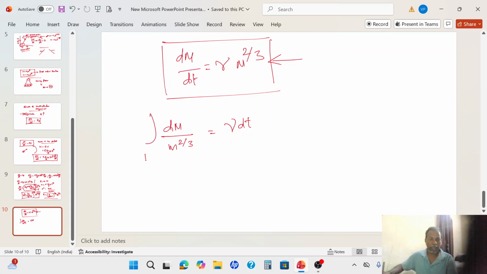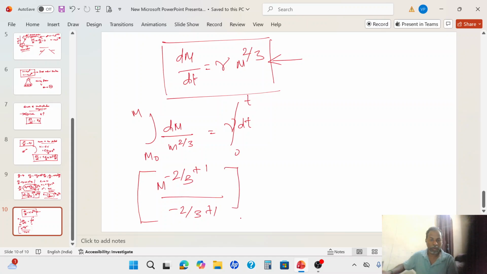Substituting the limits m naught to m and 0 to t, integrating this, we get m power minus 2 by 3 plus 1, whole divided by minus 2 by 3 plus 1, with the limit of m naught to m, is equal to gamma into t minus 0. This is after integration.